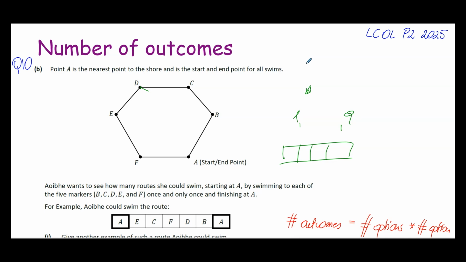Or we are given a word like rainbow, and they are asking how many combinations of letters we can have, different words. Different scenarios, but the idea is the same. When we are looking at the number of combinations, number of options, number of outcomes, it will be the number of options multiplied by the number of options.